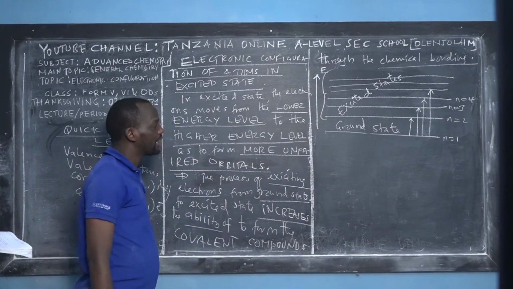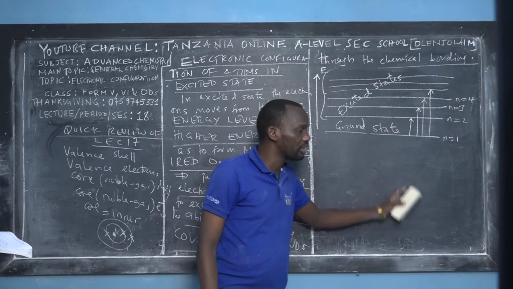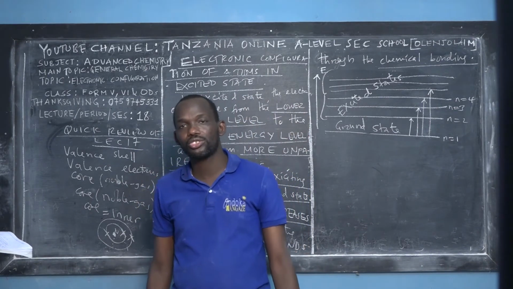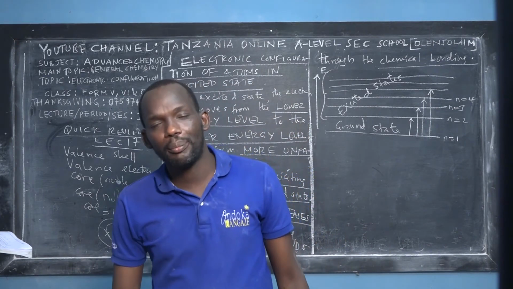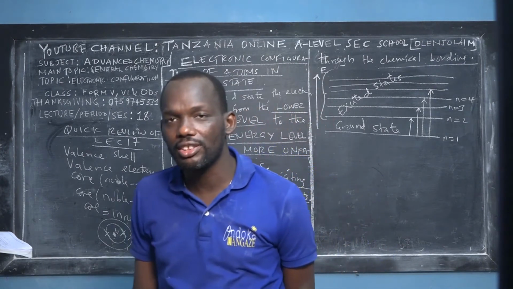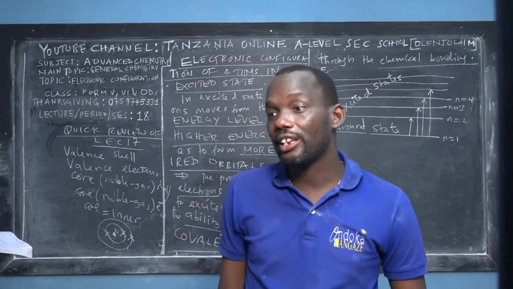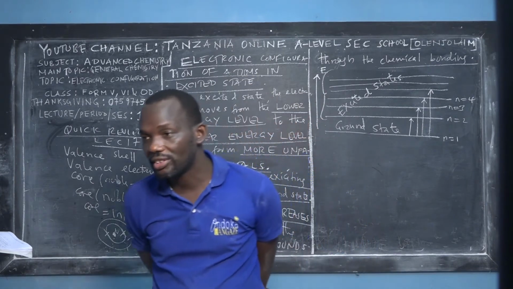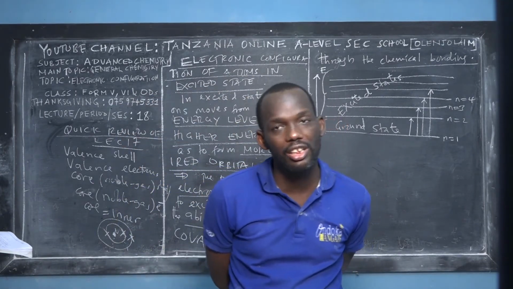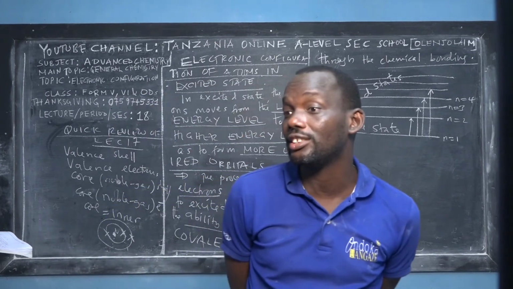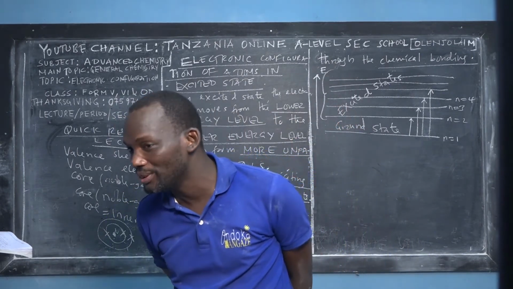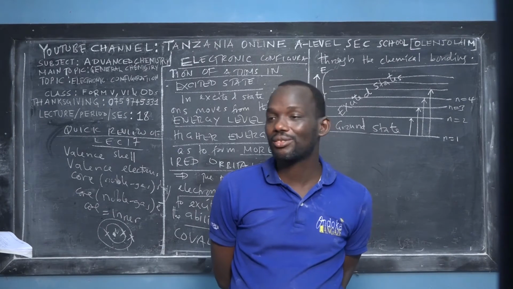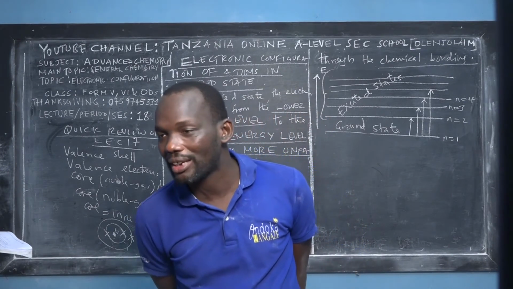We have been writing electronic configurations at ground state. I have to teach you this because some questions in the final exam, the advanced certificate of secondary education, ask you to write electronic configurations at excited state, for example chlorine. You have to understand what it means, otherwise you lose the marks.